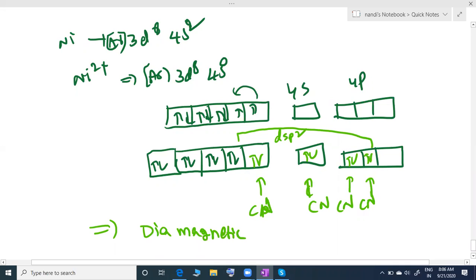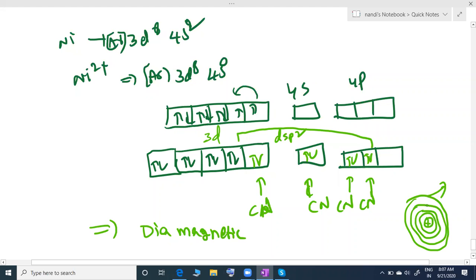Next question: is it an inner orbital or outer orbital complex? If they are participating n minus 1 shell orbitals in hybridization, we call that inner orbital. Only the nth shell means outer orbital. This is the 3d orbital, so n minus 1 shell means inner orbital. You can see this is the nucleus, shell number 1, 2, 3, 4. Only outer orbitals participating in hybridization, generally the valence shell, means outer orbital complex.